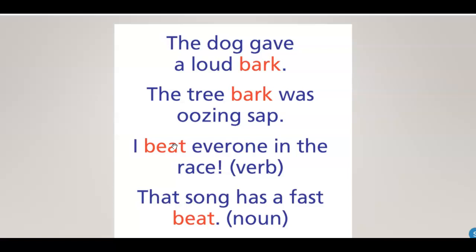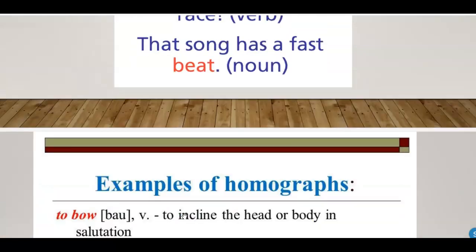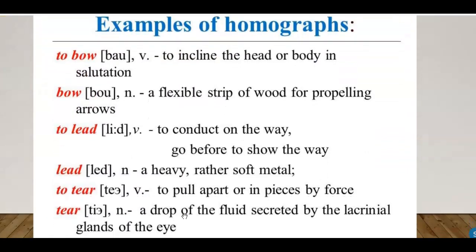But there's also the song has a fast beat, meaning the rhythm. They are spelled the same, but they have different meanings. Here are a couple more examples. At any time, you can pause the video and look through the examples.